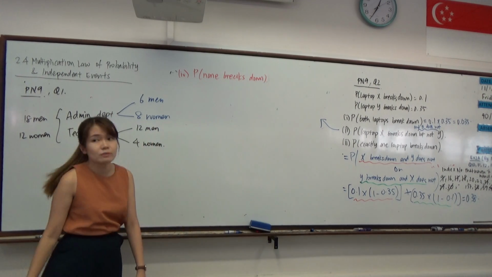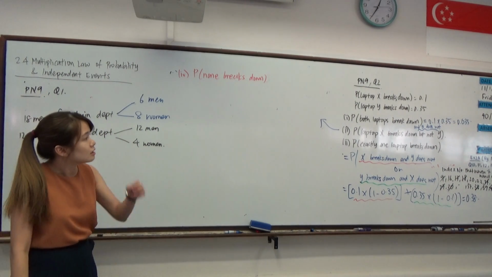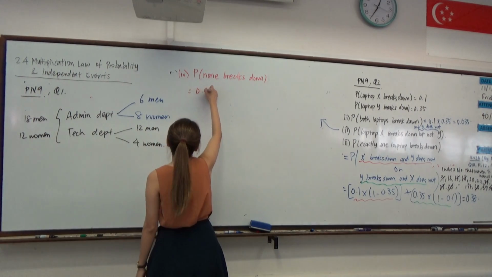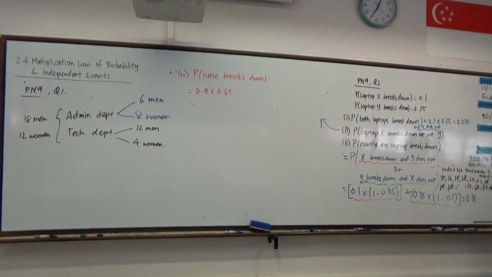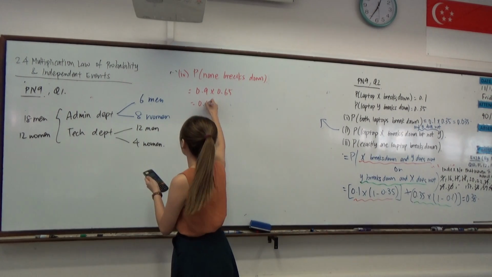None breaks down would mean what? 0.9 times 0.65. Why not we just do a check whether that is true? How should we do a check? We multiply this, and then that will give us 0.585, right?